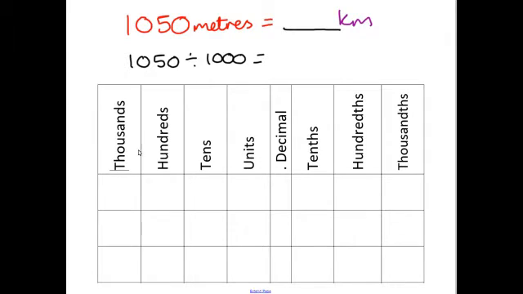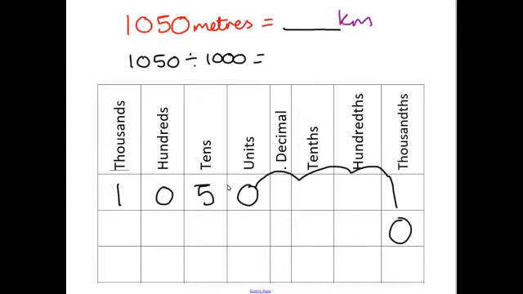When dividing by 1,000 we make 3 jumps to the right because the numbers are getting smaller. So let's plug our number into the place value chart. The 0 ignores the decimal, goes 1, 2, 3, and ends up in the thousandths column. The 5 again makes 3 jumps to the right.